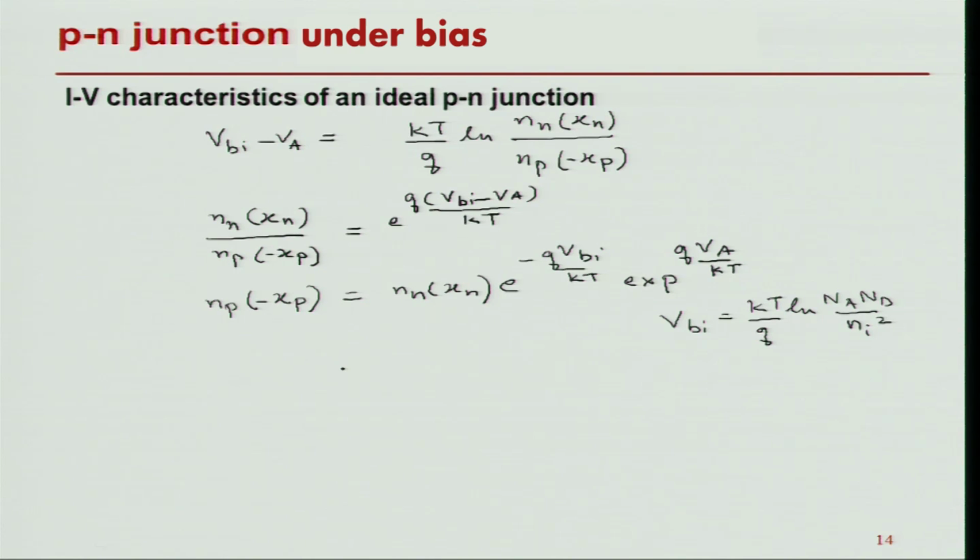Okay. So, I can write it in this form, which basically gives me the majority concentration in n type and the majority concentration in p type. We already know that n of x n is nothing but n of n o.